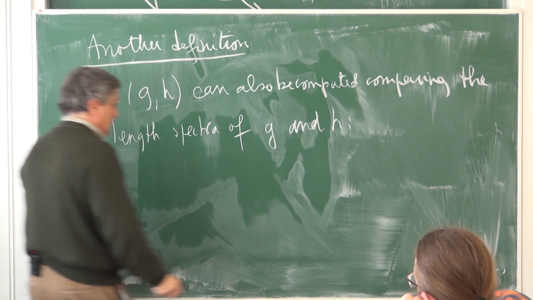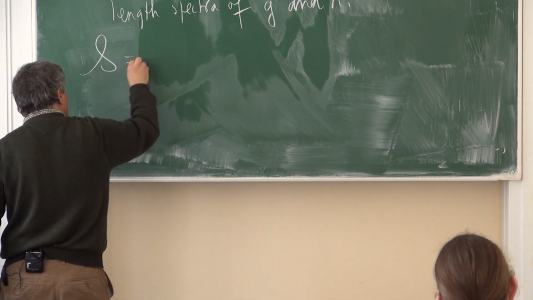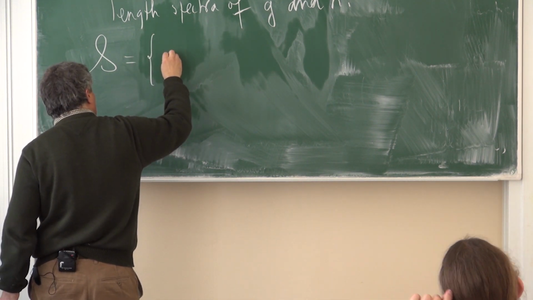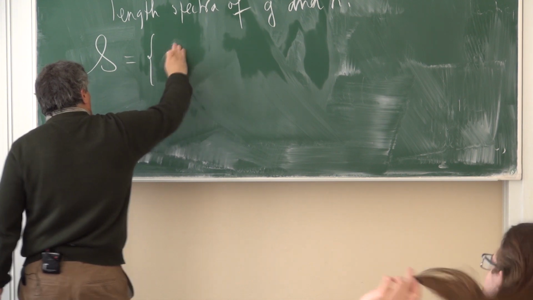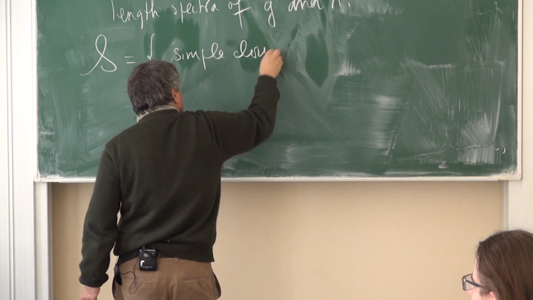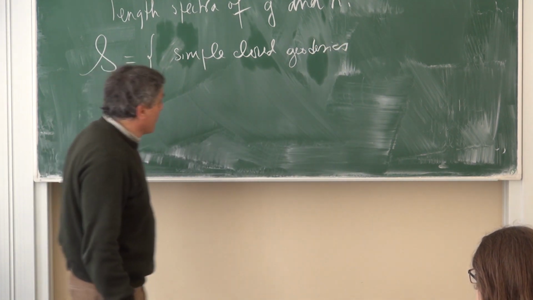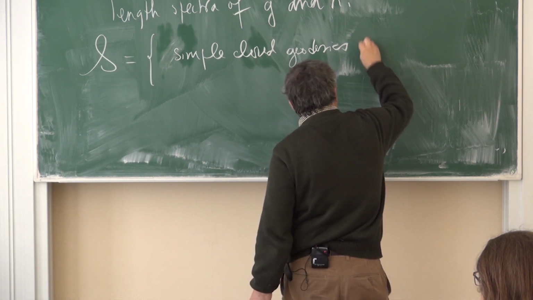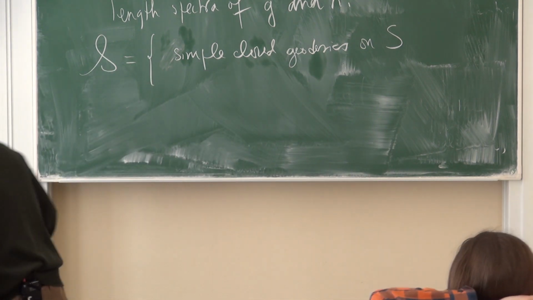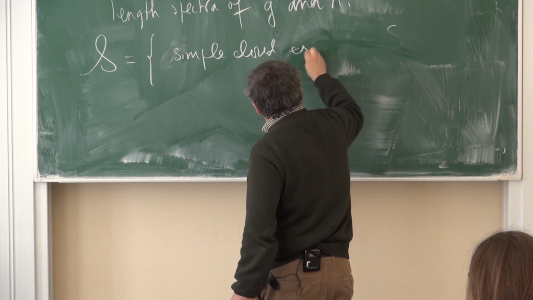let us give a name to this set. So script S is the set of simple closed geodesics on S. Not geodesics, let's start with simple closed essential curves.